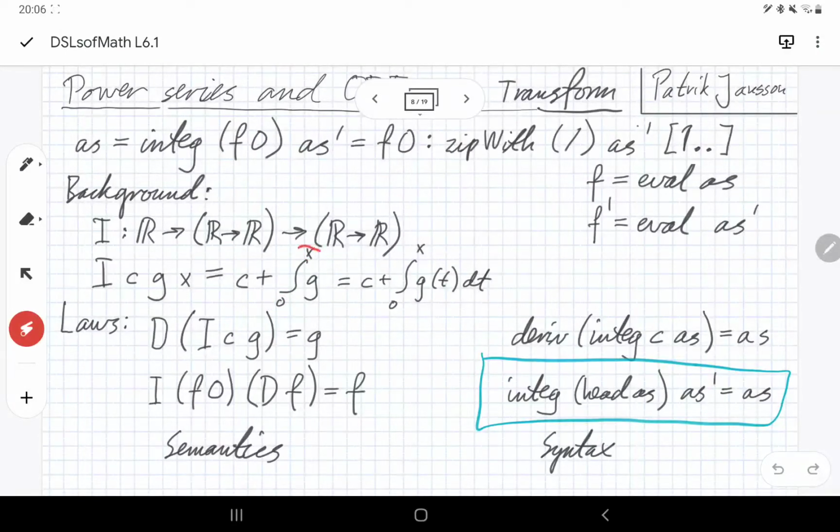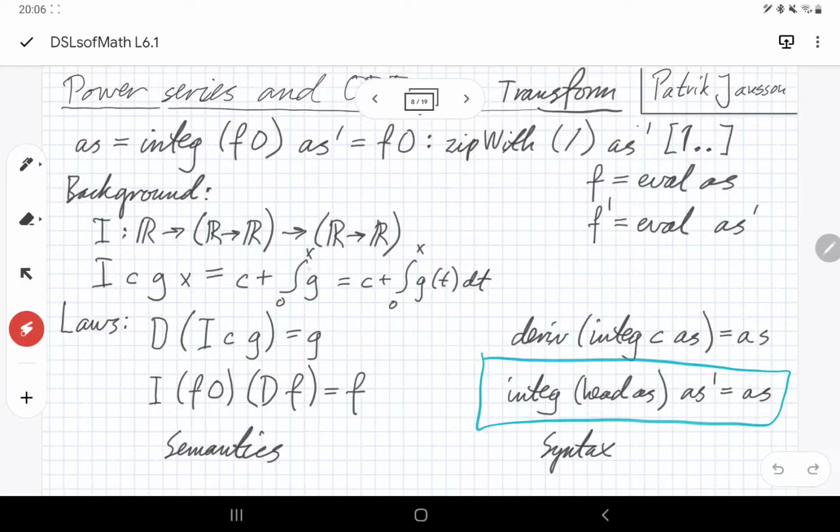So this integral of a function without any dx is not very common in math, so this would be the more traditional form. So it's the constant plus the integral from 0 to x of g of t dt. But as we talked about before, applying this and then adding dt doesn't add much.